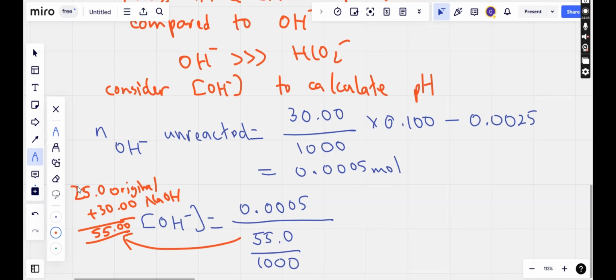Okay, so just key that into the calculator. What you guys get is 0.00090909 mol/dm³.